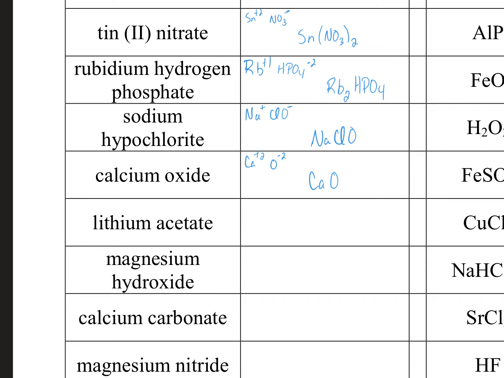Next we have lithium acetate. Lithium is +1. Acetate is CH3CO2-. Acetate has many different ways to represent it, so you've got to be careful with that one. So it becomes LiCH3CO2, lithium acetate.